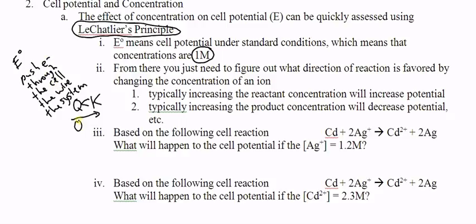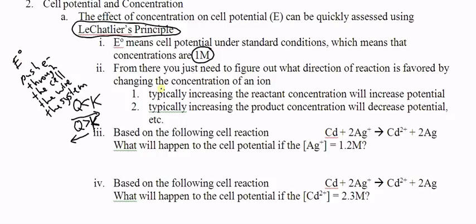However, in a situation where Q is greater than K, now we have a situation that's working opposite what's going on. And so while electrons are going to get pushed through the cell by turning reactants into products, when we start pushing back against that by turning products back into reactants or not allowing maybe the system to be where it is, there's going to be a resistance to the push of electrons through the cell, which would decrease the cell potential.